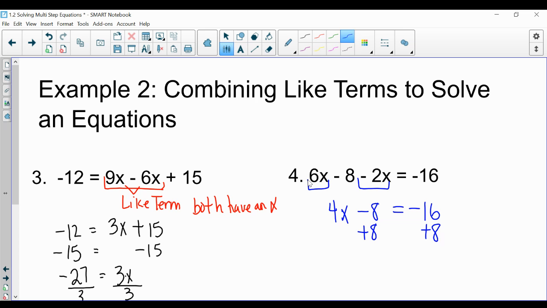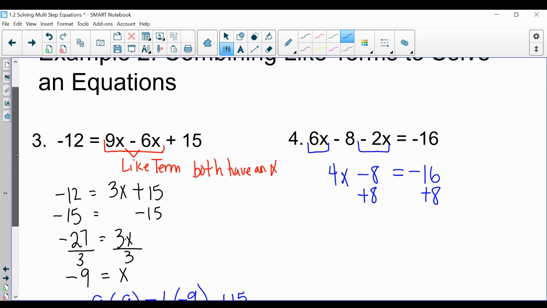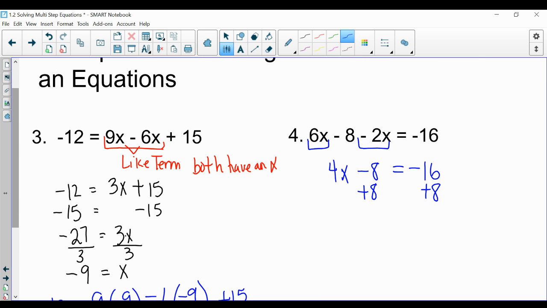So inverse operations. So now I'm going to add the 8. So I have 4x is equal to, this was a negative 16. The signs are opposite, so I just subtract. So 16 minus 8 is 8, and the 16 is larger, so therefore it's a negative 8.